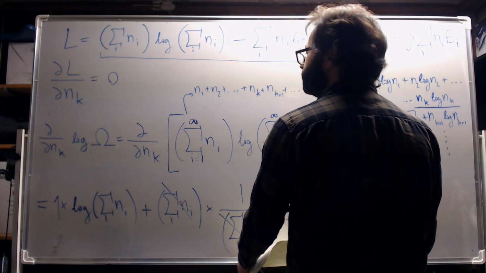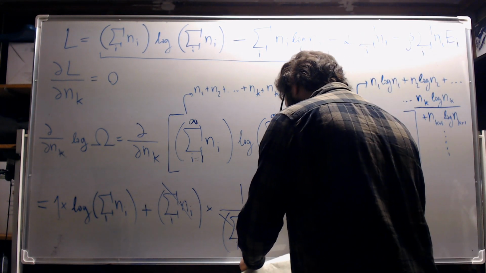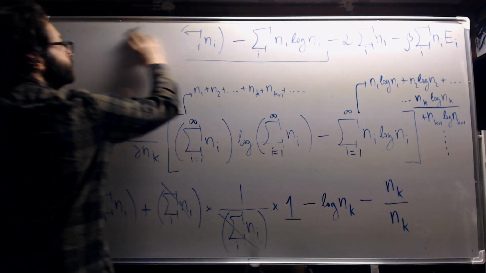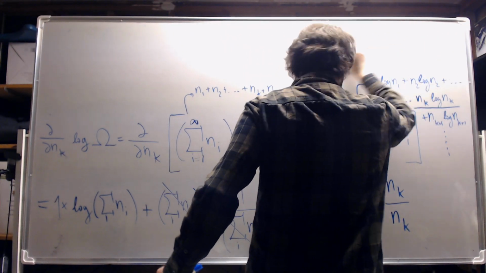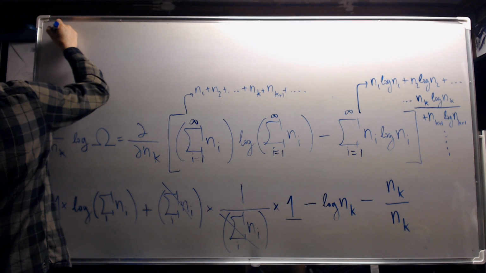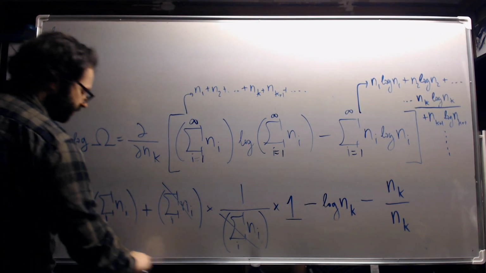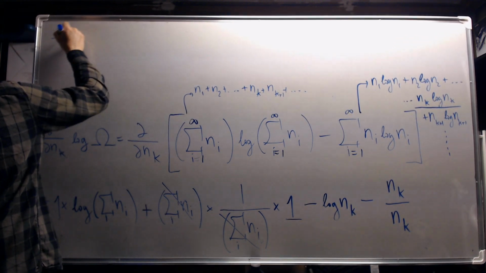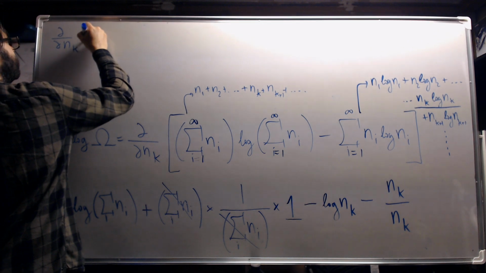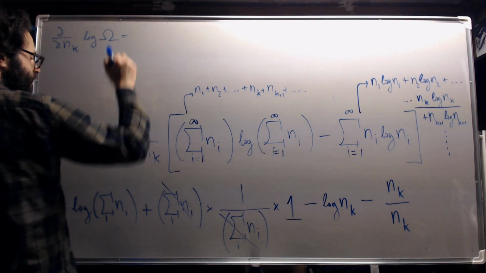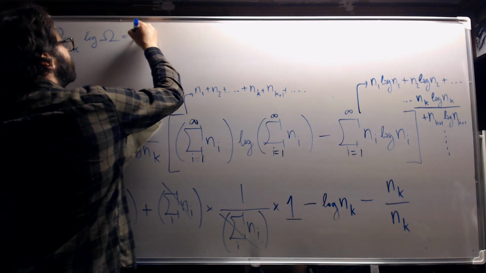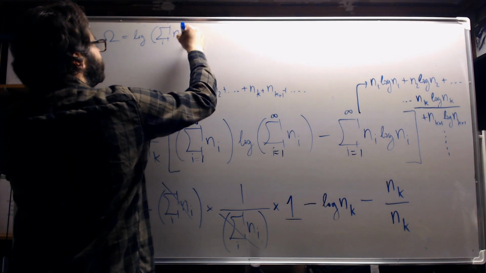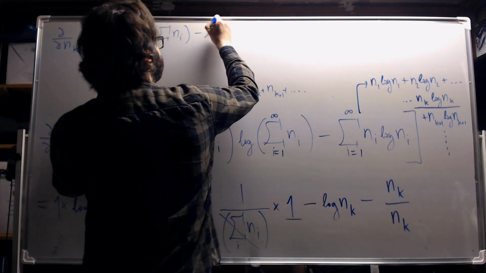So let me write this on top, I guess. So what we found is that d/dn_k of log of omega is equal to log of sum over i of n_i minus log n_k.